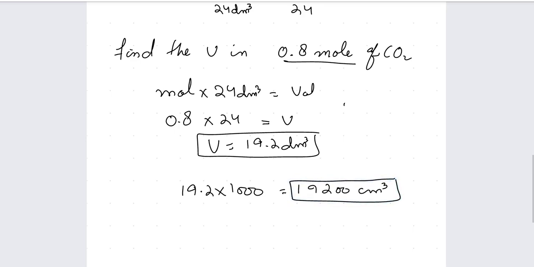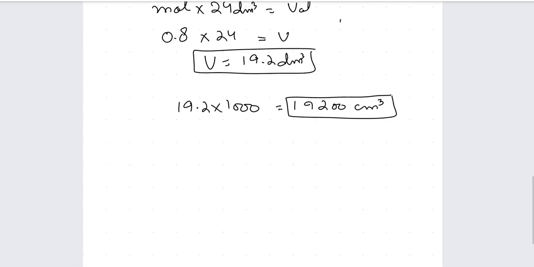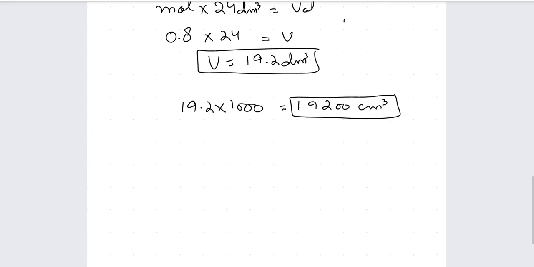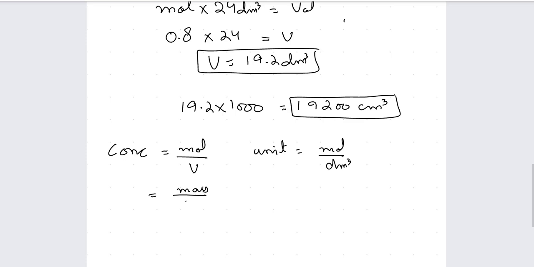Now if the concentration is given, before explaining, the concentration formula is mole upon volume. The unit of the concentration is mole upon dm cube. Sometimes the concentration is mass upon volume, so the unit is gram upon decimeter cube.